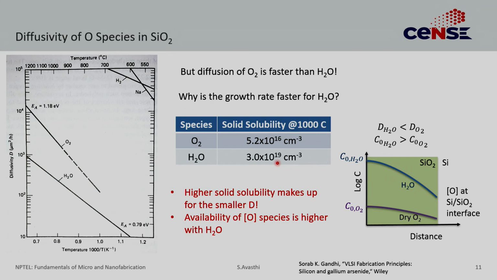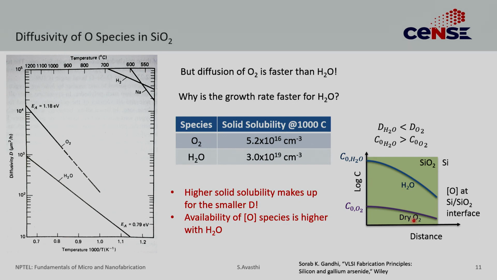So, if you look at the concentration gradient, this value which is C naught, the peak, is much higher with water than with dry oxygen. So, even though the dry oxygen diffusivity is faster, the peak is lower.